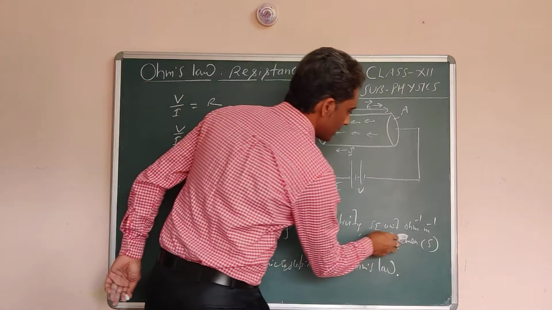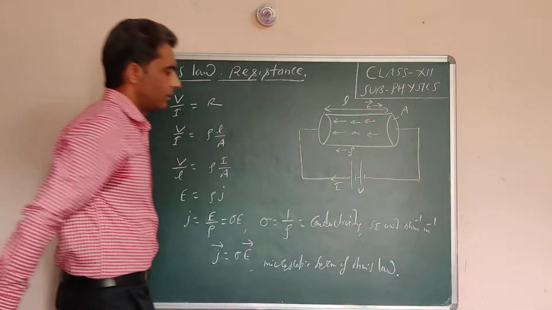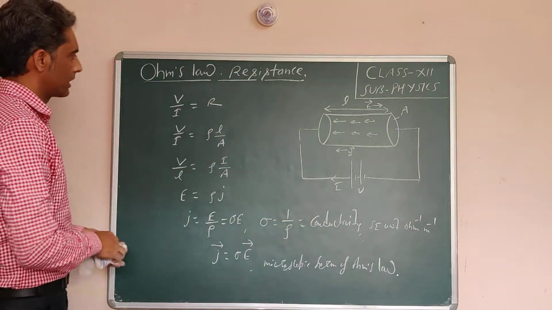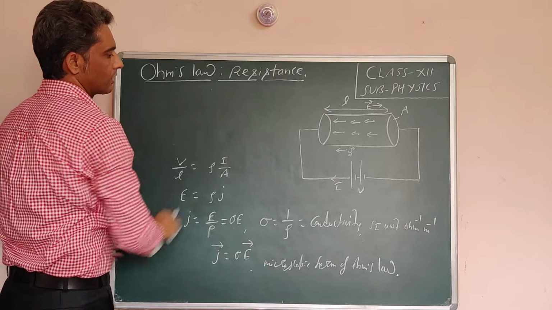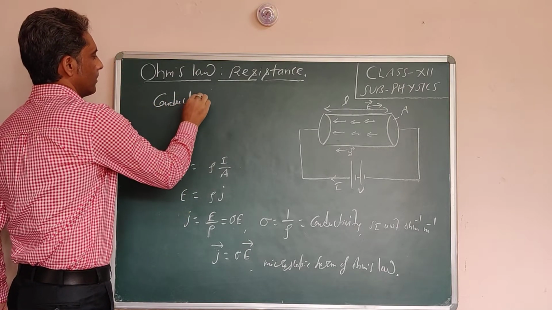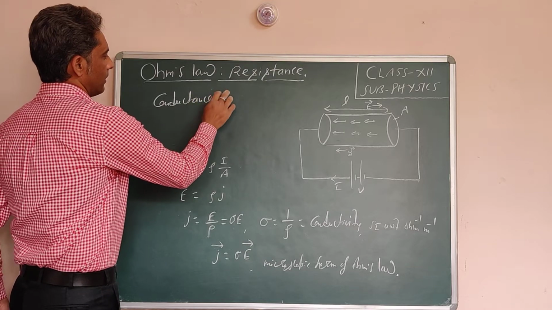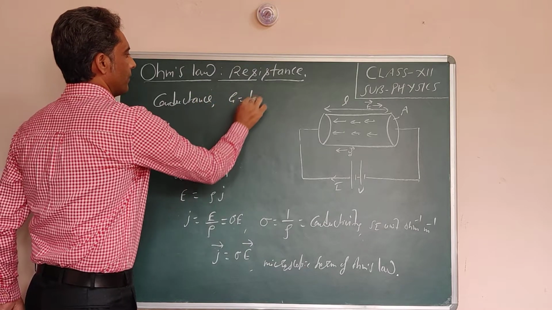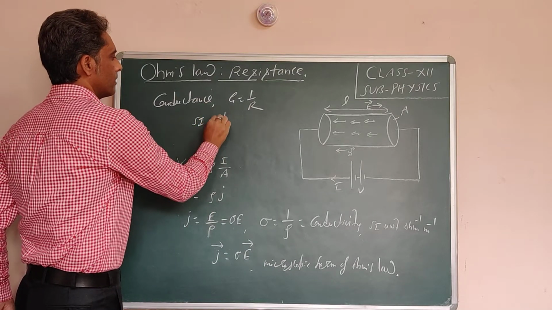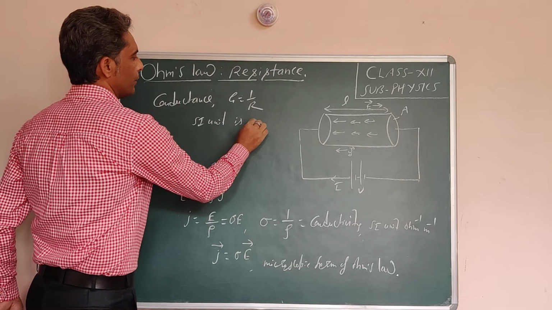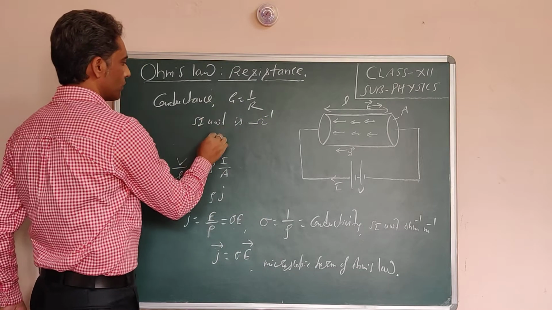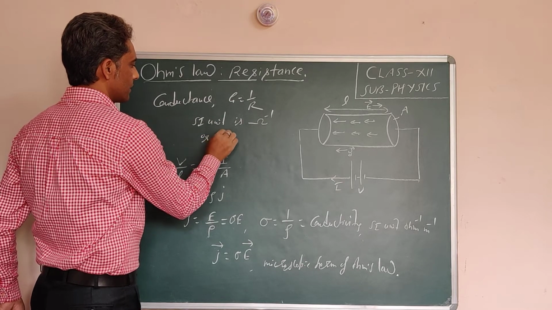So this is not Siemens. Only the SI unit is this ohm inverse meter inverse. That Siemens is the unit of conductance. Conductance is the reciprocal of resistance. Conductance is denoted by G, and that is equal to 1 by R, and its SI unit is simply ohm inverse, or it is also known as Siemens.